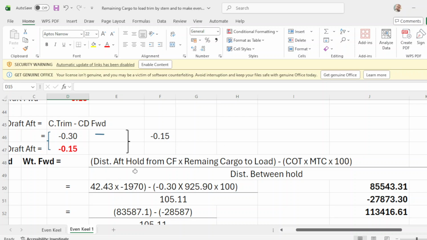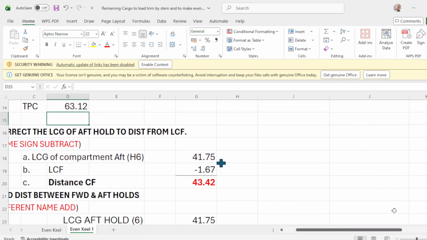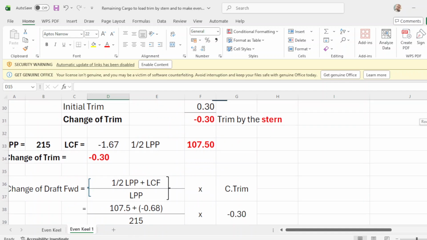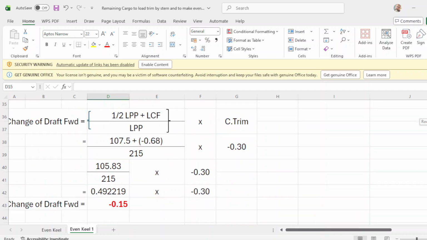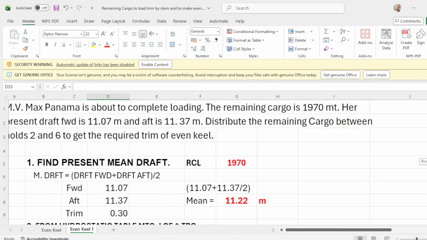Okay, your distance out from center of rotation is this one, 43.2. You have here 43.2. Your remaining cargo to load is 1970.